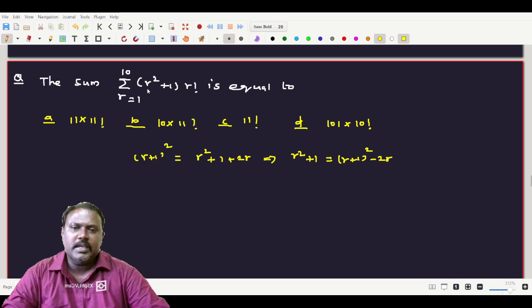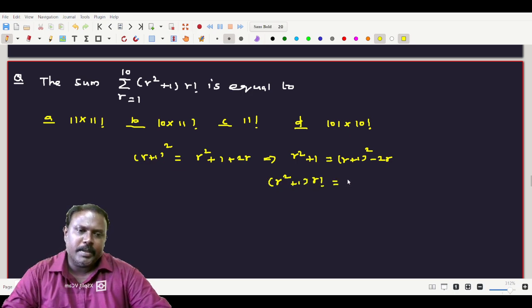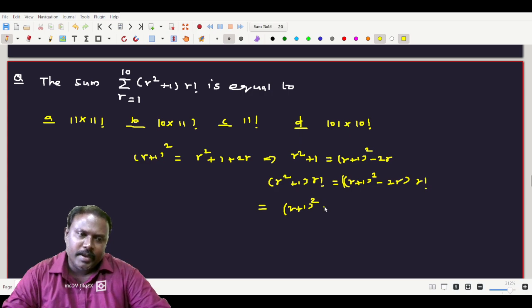Next, r square plus 1 is multiplied with r factorial. This can be rewritten as ((r plus 1) whole square minus 2r) into r factorial. So I can write this as (r plus 1) whole square into r factorial minus 2r into r factorial.